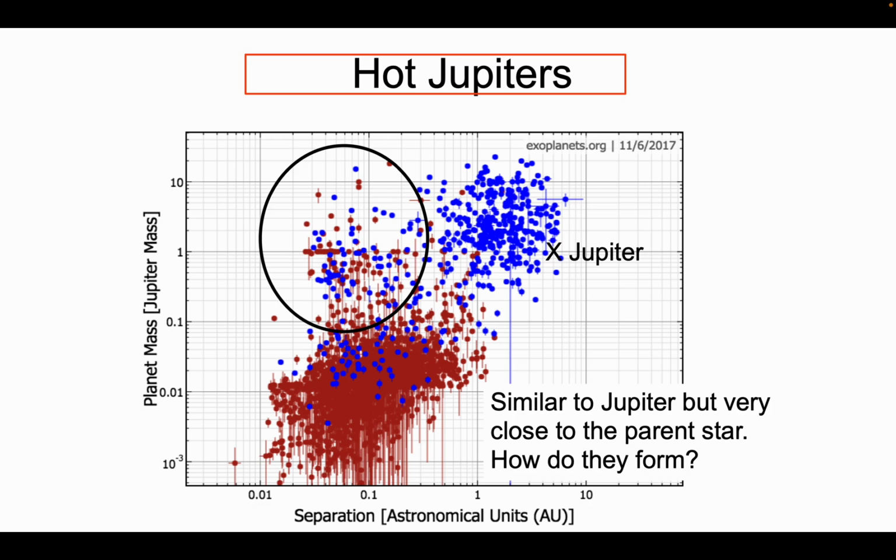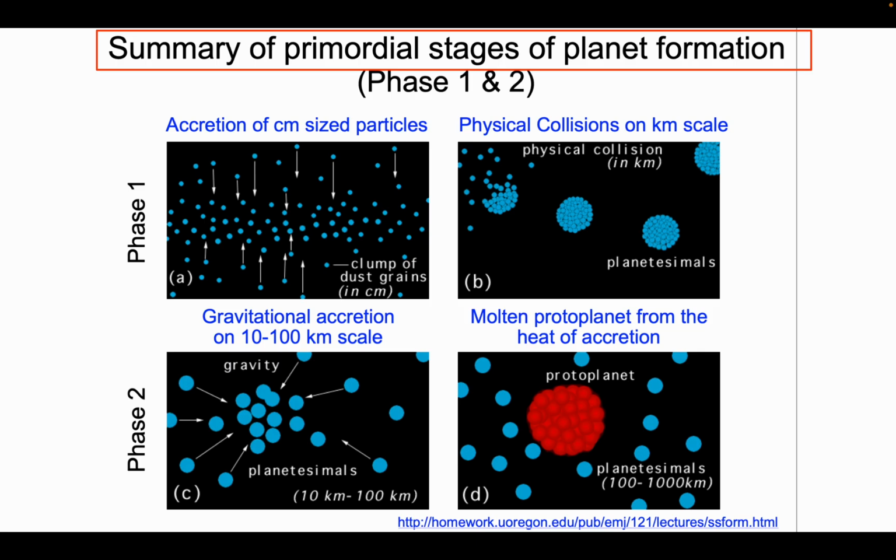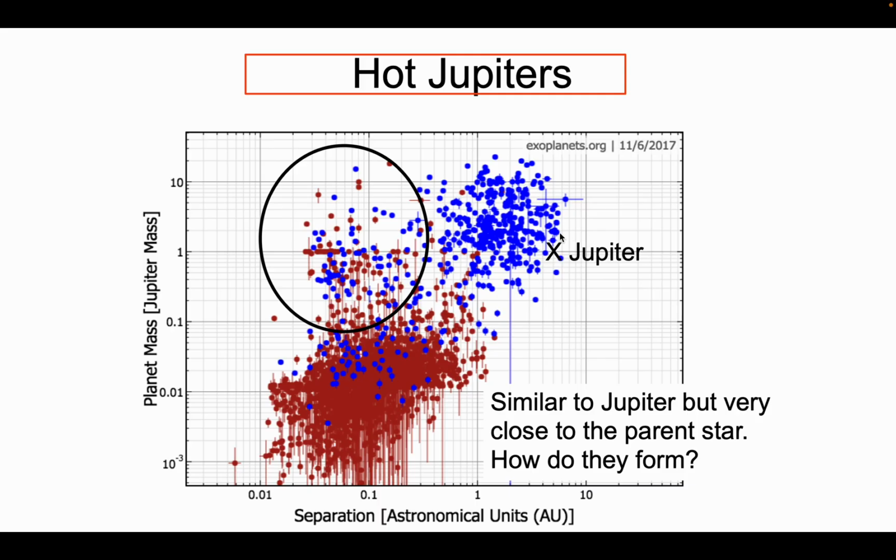Another thing you should check: when you plot the planet mass versus separation, you will see that with the radial velocity method and the transit method, you detect two kinds of planets.